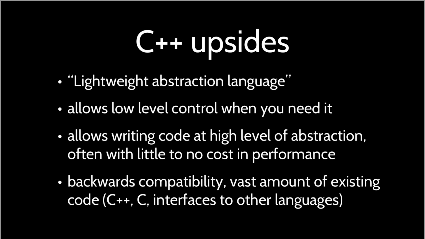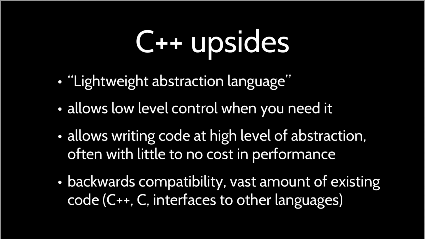So the philosophy of C++, according to its designer Bjarne Stroustrup, is that C++ is a lightweight abstraction language. It allows low-level control when you need it, and there should be no need for a lower level language between C++ and assembler.